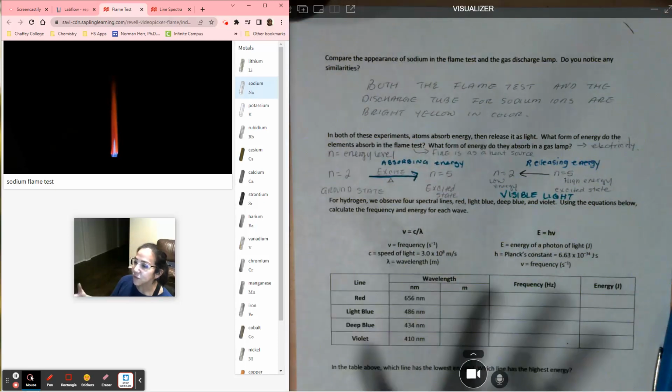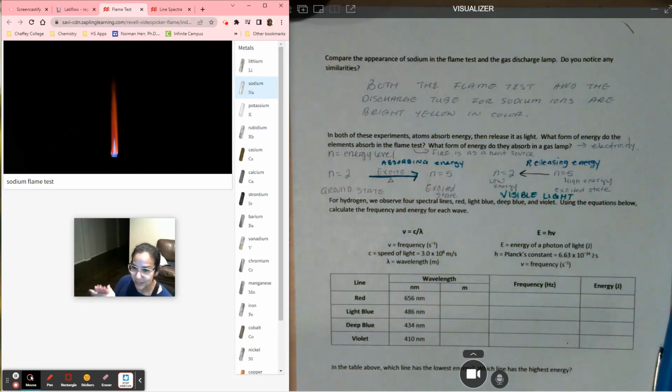Now there's a little bit more that we could show with that, but this is the basics of it, right? All right, let's go ahead and move on. So for hydrogen, we absorb 4 spectral lines, red, light blue, deep blue, and violet, using the equations below. Calculate the frequency and energy for each wave. All right, so it actually even gives us the equation.